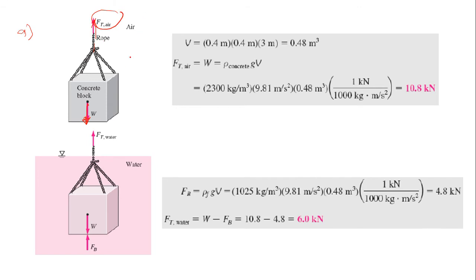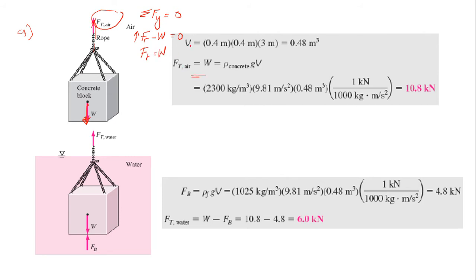You know from the summation of force in the vertical direction is equal to 0. If you take upward positive, then FR minus W is equal to 0, and that gives you FR is equal to W.